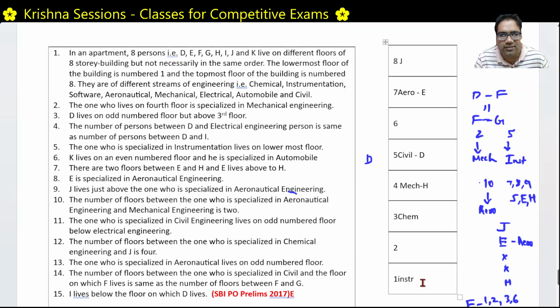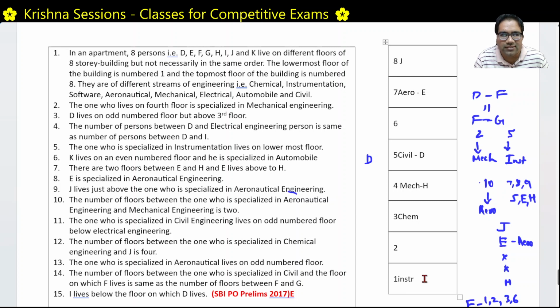Let's say F takes option number 1. Between D and F there are 3 spaces in between. There is nothing below F, so G has to take this space.